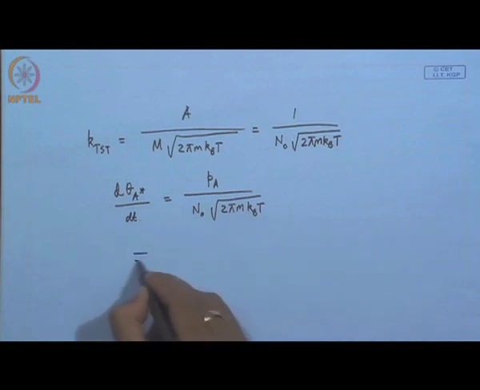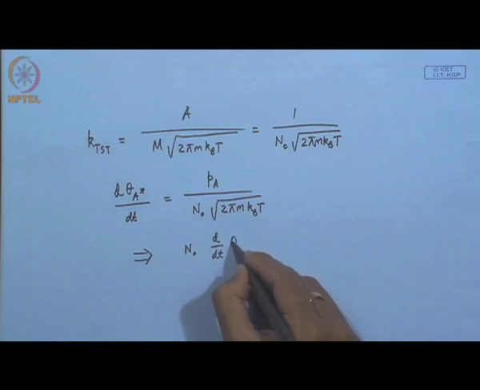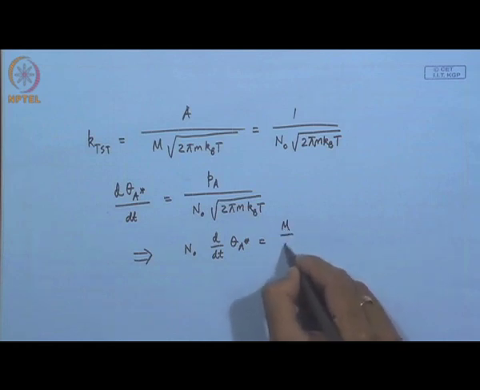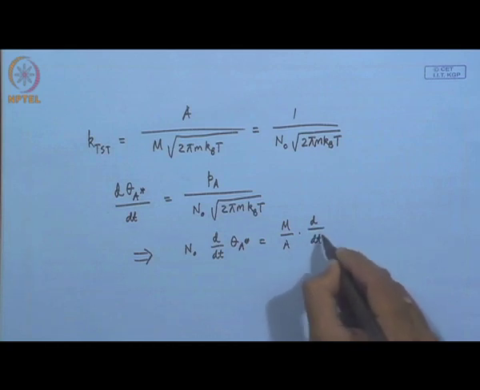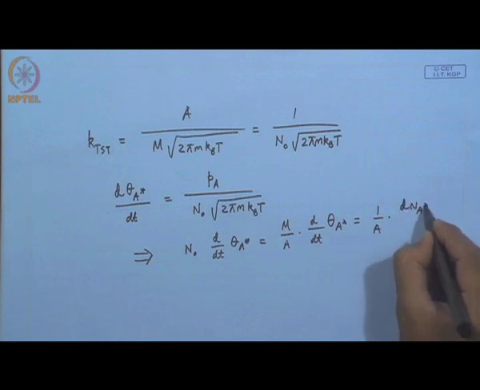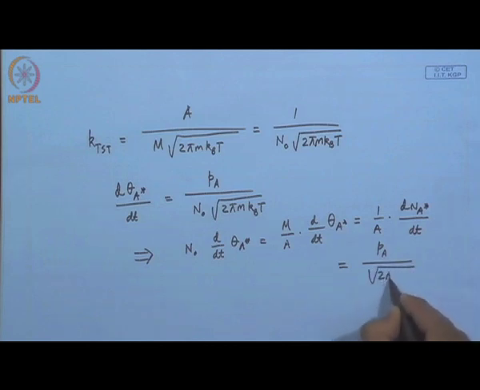Okay. So, from this we can write n0 d/dt of theta A star is equal to M by A d/dt of theta A star, which is equal to 1 by A d n A star dt, which is equal to your P A by square root of 2 pi m kB T, which is nothing but the rate for the collisional mechanism that you are getting from collision theory.